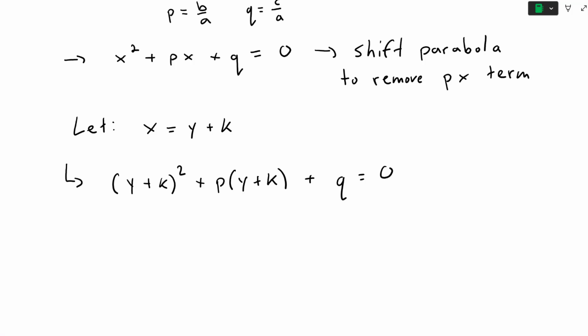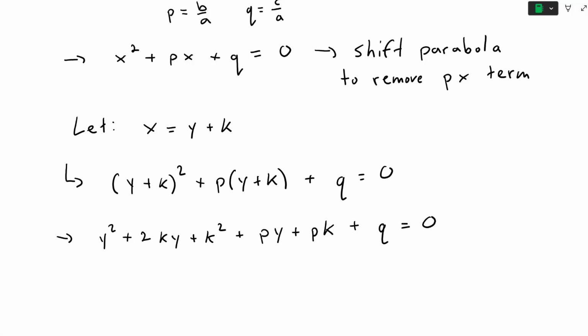But I'll do the entire thing for completeness. Expand y plus k squared: y times y is y squared, plus y times k, then do that again, plus k times y, which gives 2ky, plus k squared. Next expand this out: plus py plus pk, and then plus q equals 0.